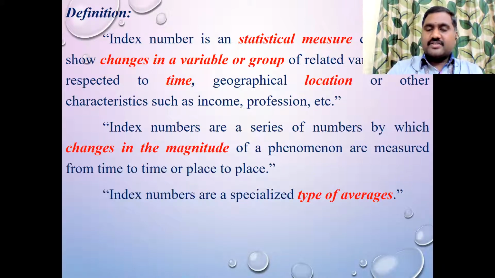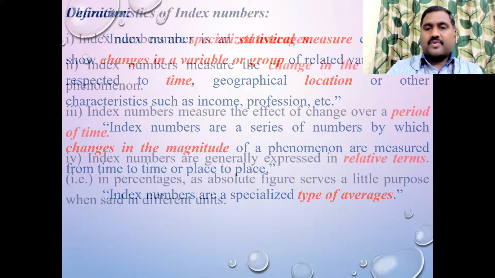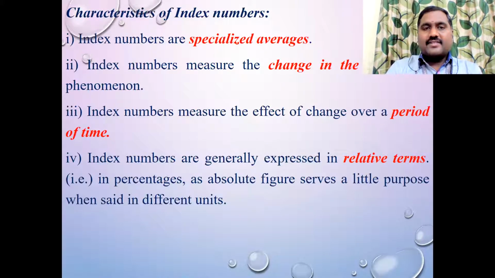So in statistics, it is a special type of average, and this is its characteristic. It is a special kind of average, and it is able to measure the changes in a particular variable depending upon different time periods. And if you want to find the index number, you have to mention the index numbers in relative terms.